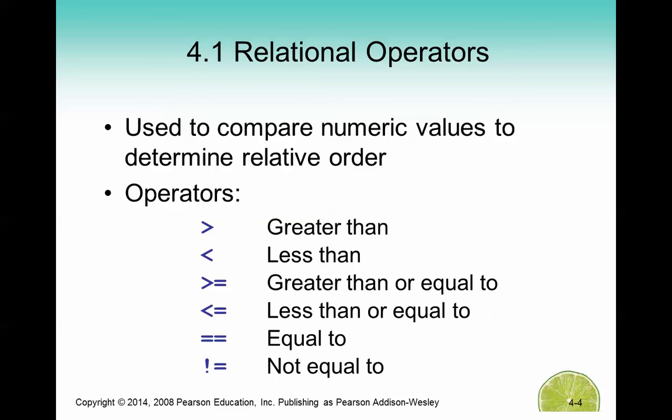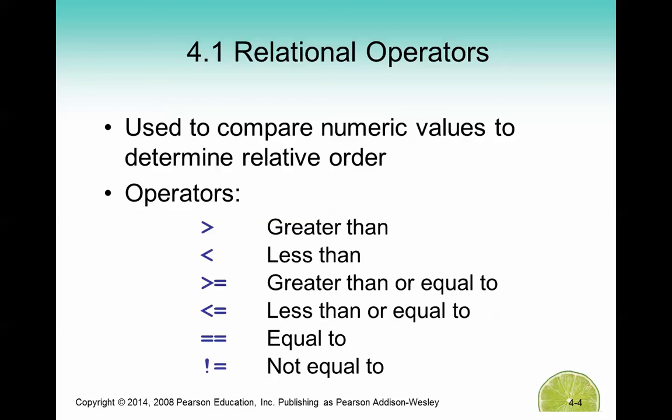These are the operators, and I'm sure you're already familiar with them. This is the greater than symbol, less than symbol, a combination of greater than or equal to, less than or equal to, the equal to. Look at this. It has 2 equal to signs. This is different from our assignment operator. Remember, the assignment operator only has 1.